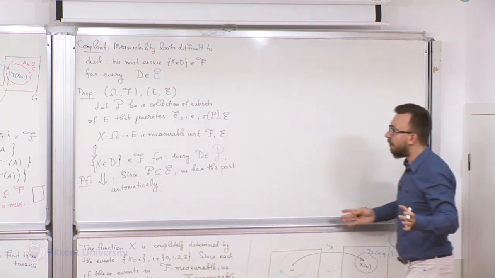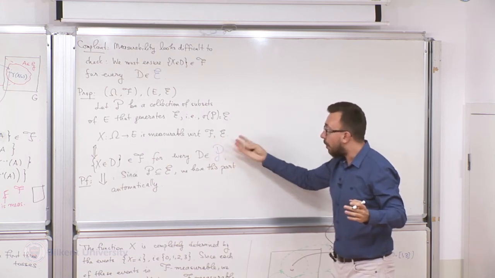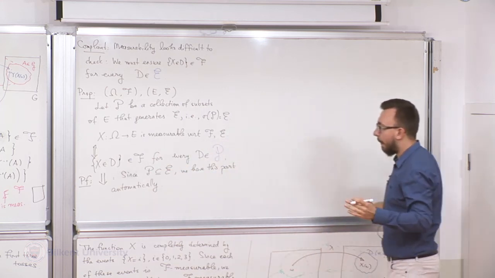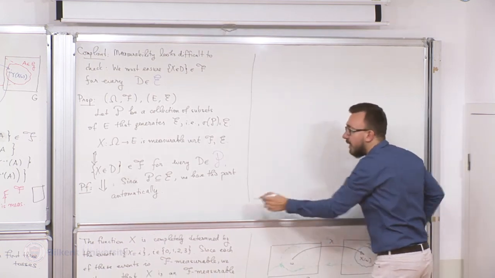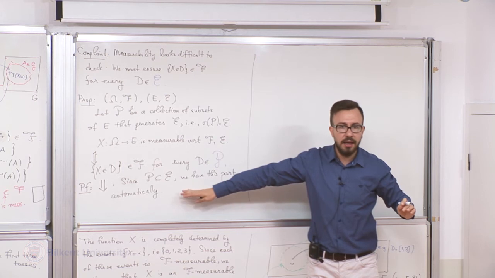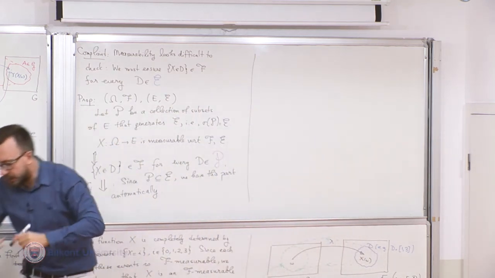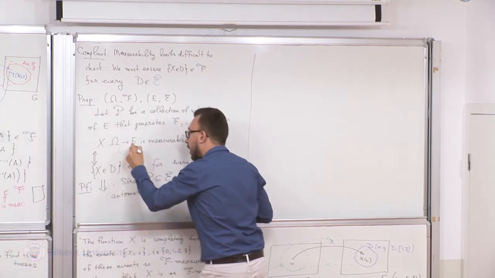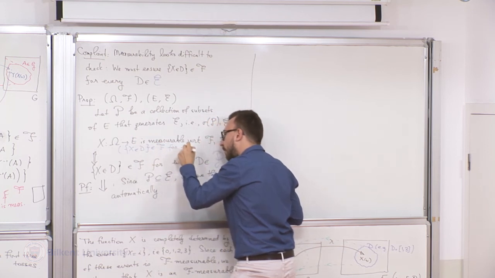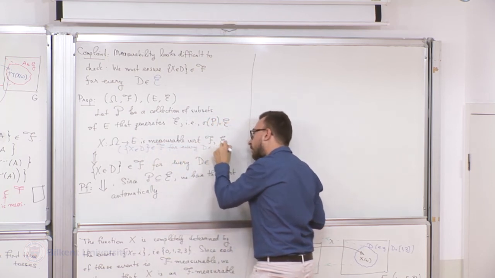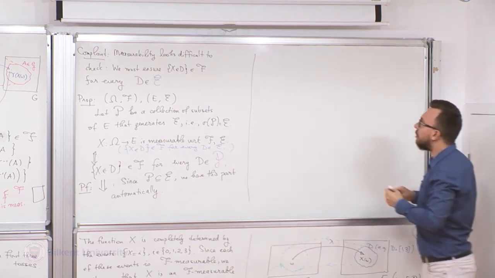There is nothing to prove, because we're already assuming that this is in F for every D in script E, which already includes script P. Let's do the other part. Is this part clear, by the way? Just look at the definition of measurability. All we're saying here is that {X is in D} is in F for every D in script E. This is what we're writing here. Okay, let's do the other part.